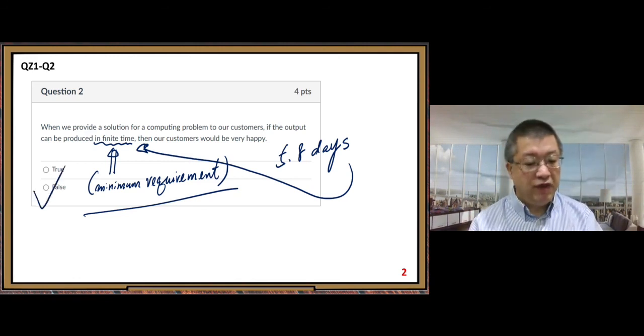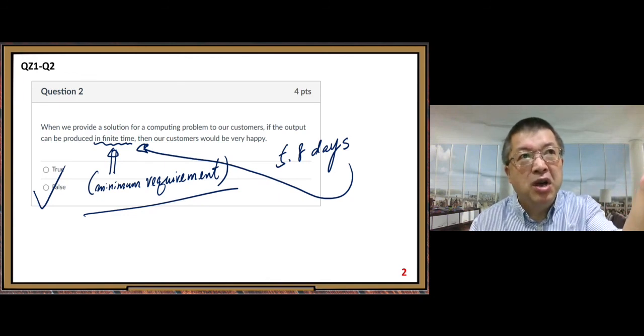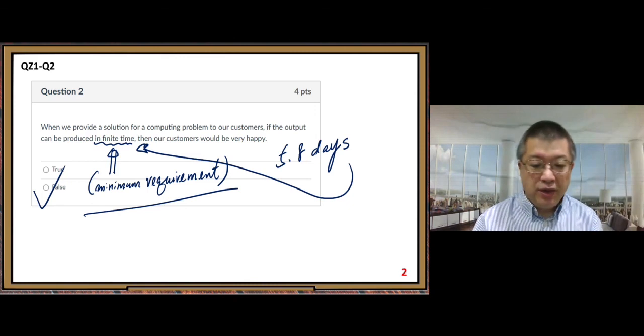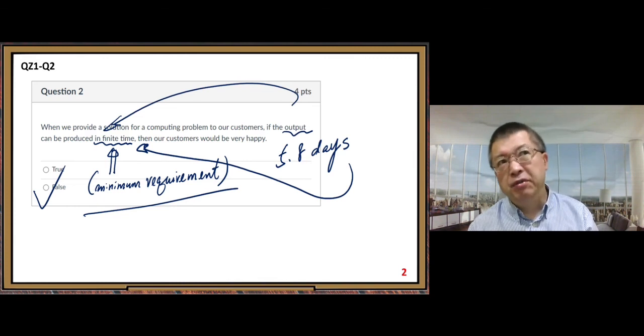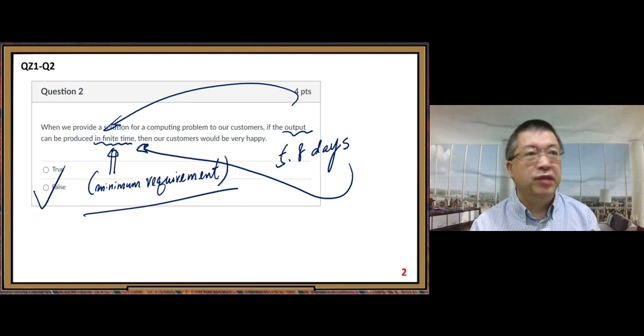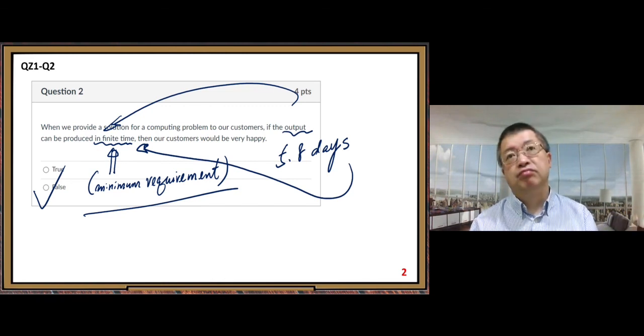False. Another thing regarding the finite time, because in our textbook, it just put this condition for the output. The output, it just said finite time, but I feel that's way not enough. We need much more than finite time. We need good performance.